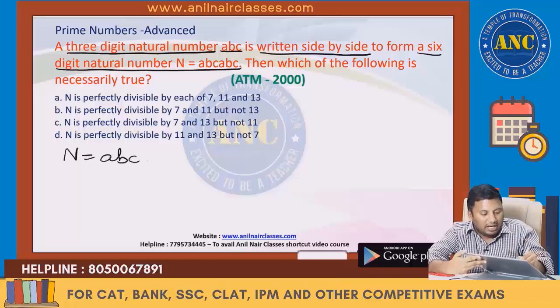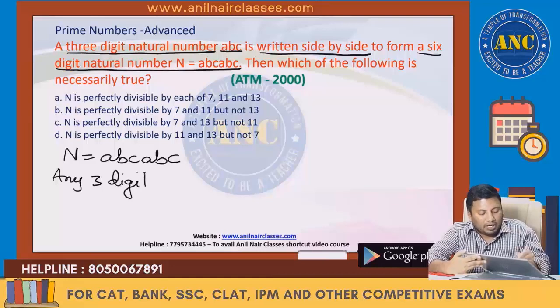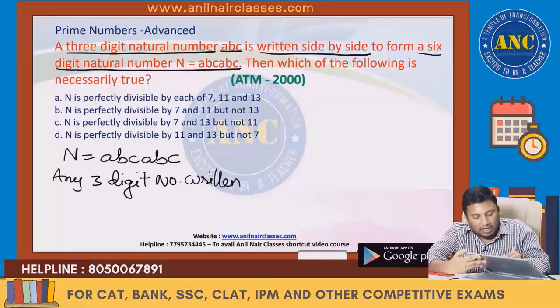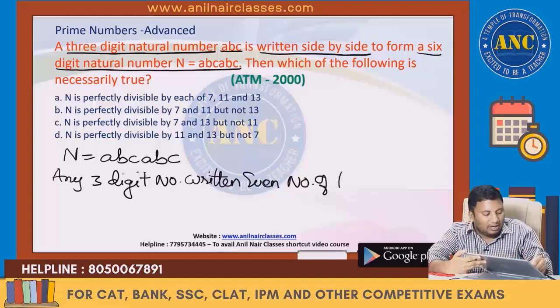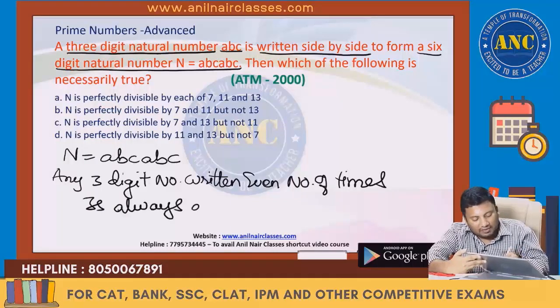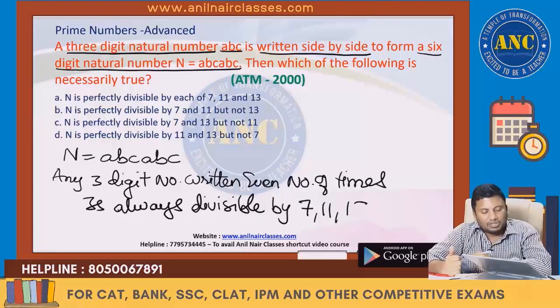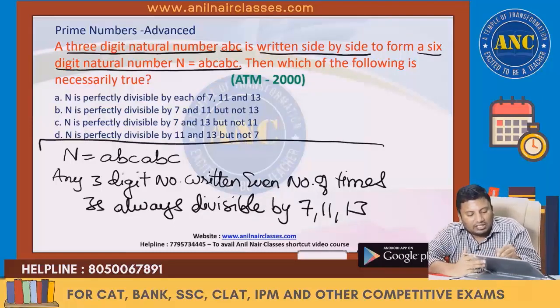We have clearly discussed in our prime number session 2: any 3-digit number written an even number of times is always divisible by 7, 11, 13. Please make a note of it.